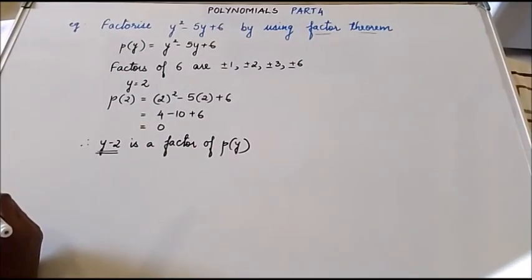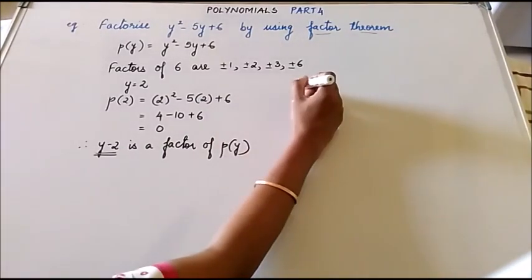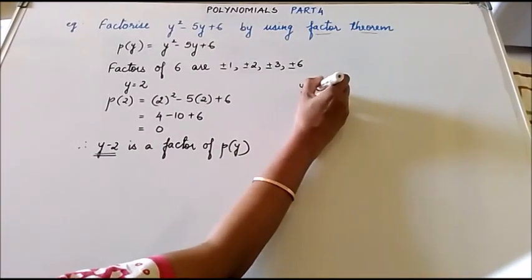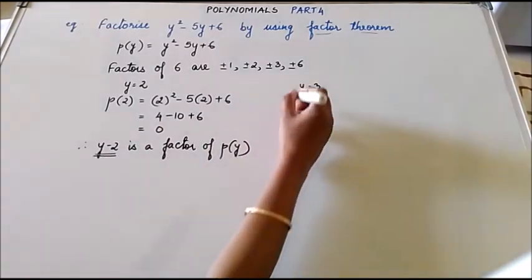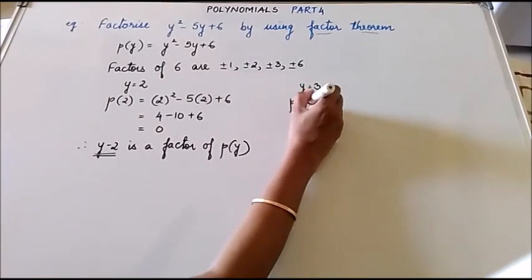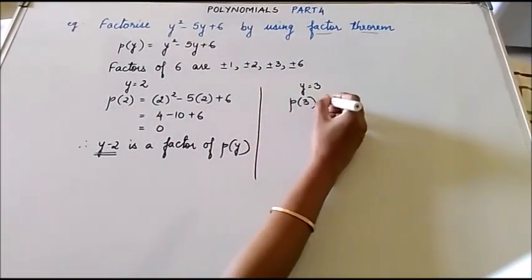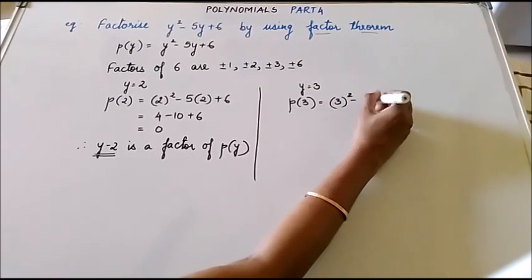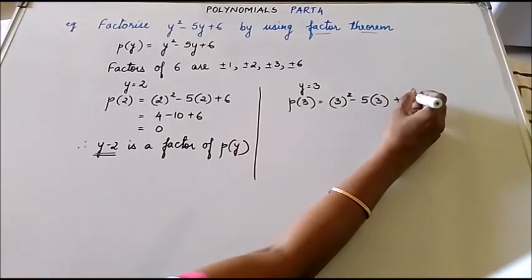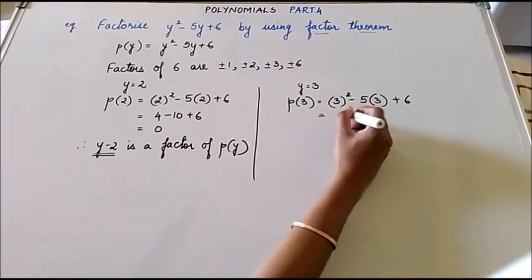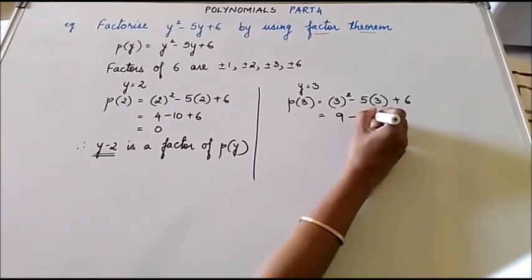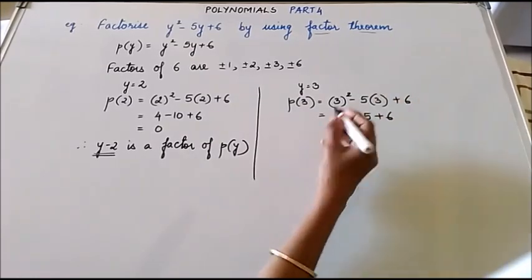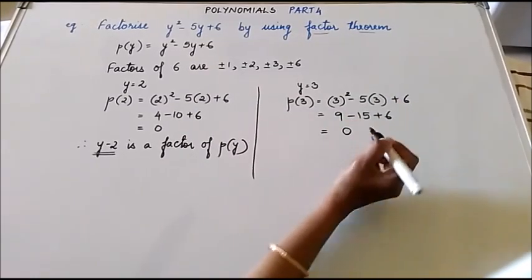Y is equal to 3. Now in this case what you get? P of 3 is equal to 3 the whole square minus 5 into 3 plus 6. This will give us 9 minus 15 plus 6. Again we see it is equal to 0.